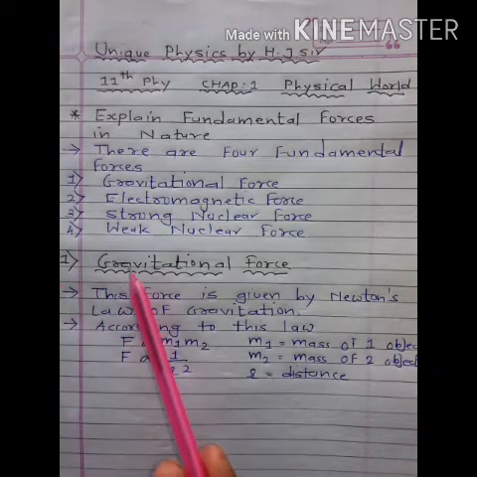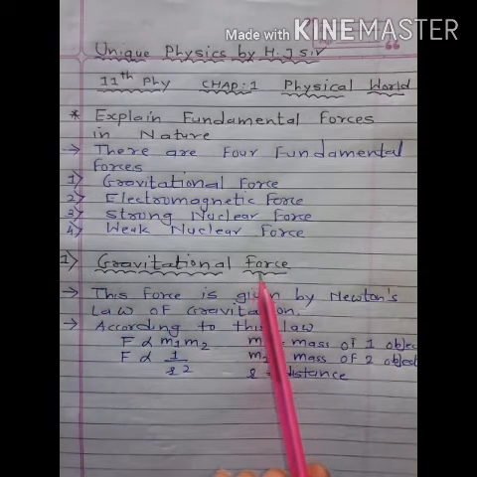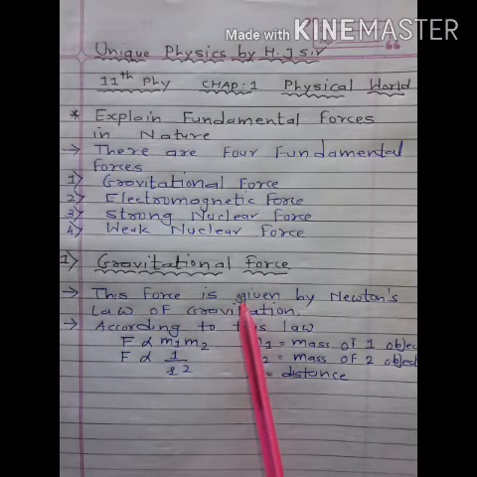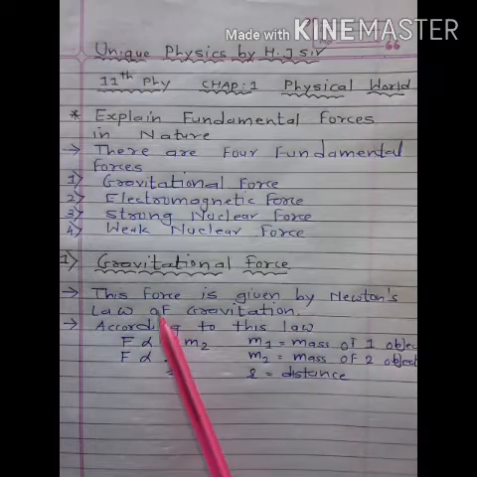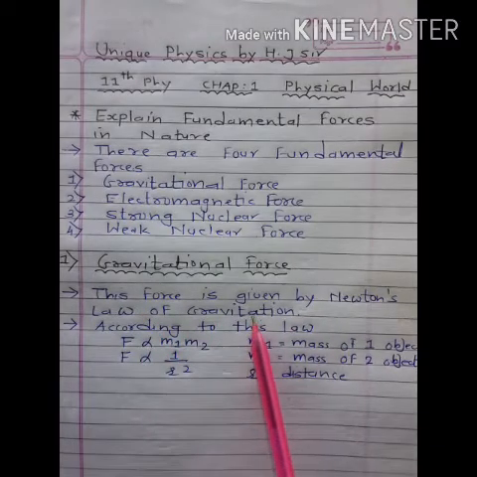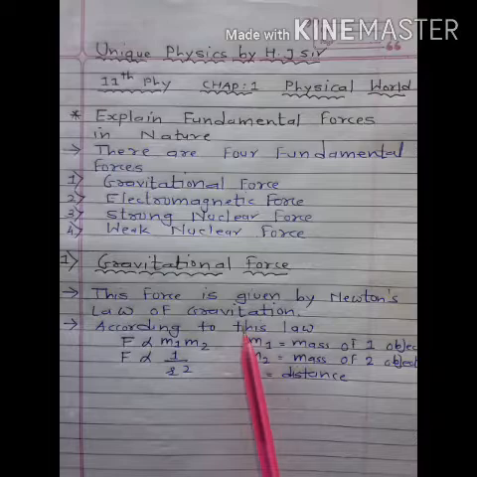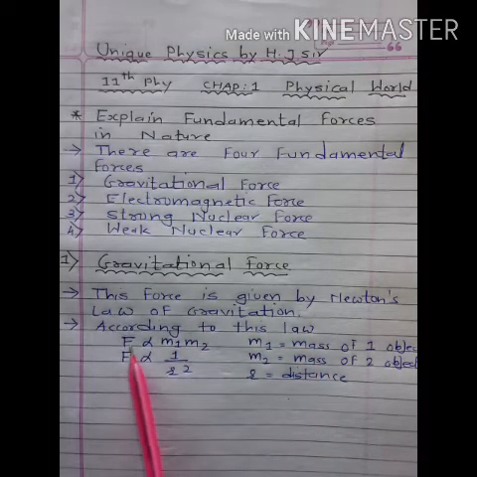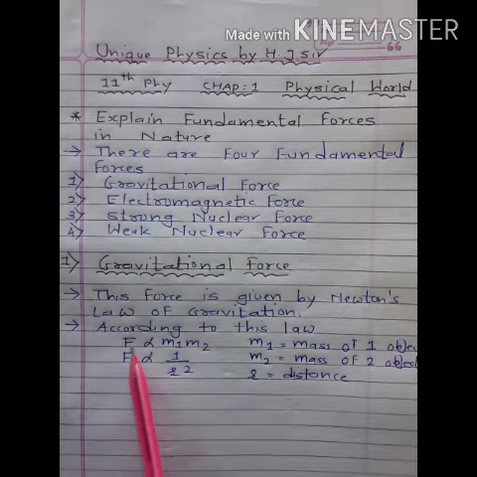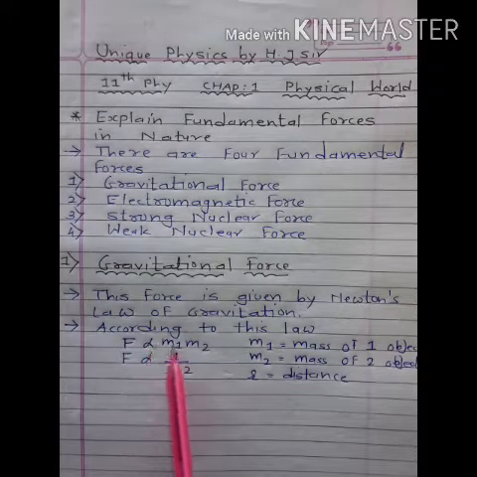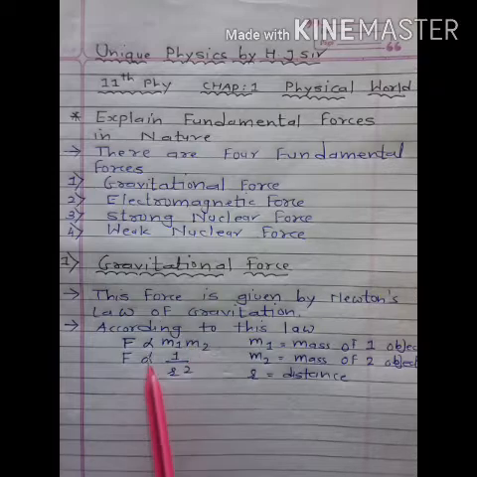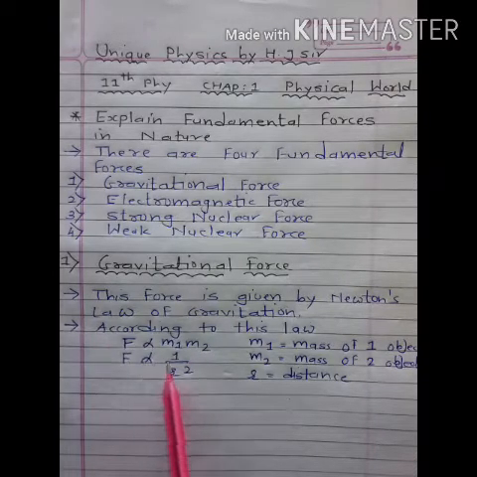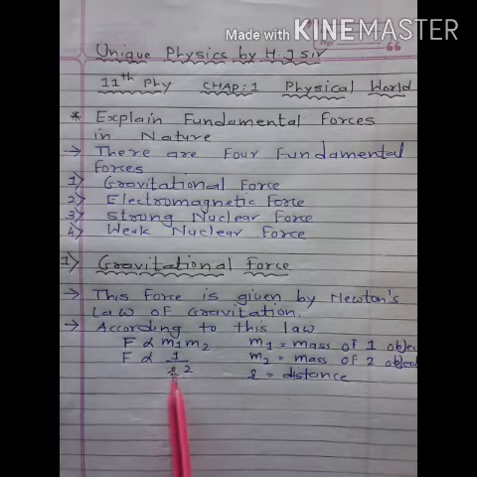First of all, we explain gravitational force. Remember this point: gravitational force is given by Newton's law of gravitation. According to Newton's law of gravitation, gravitational force is denoted by F. F is directly proportional to m1 and m2, and gravitational force F is inversely proportional to r square.